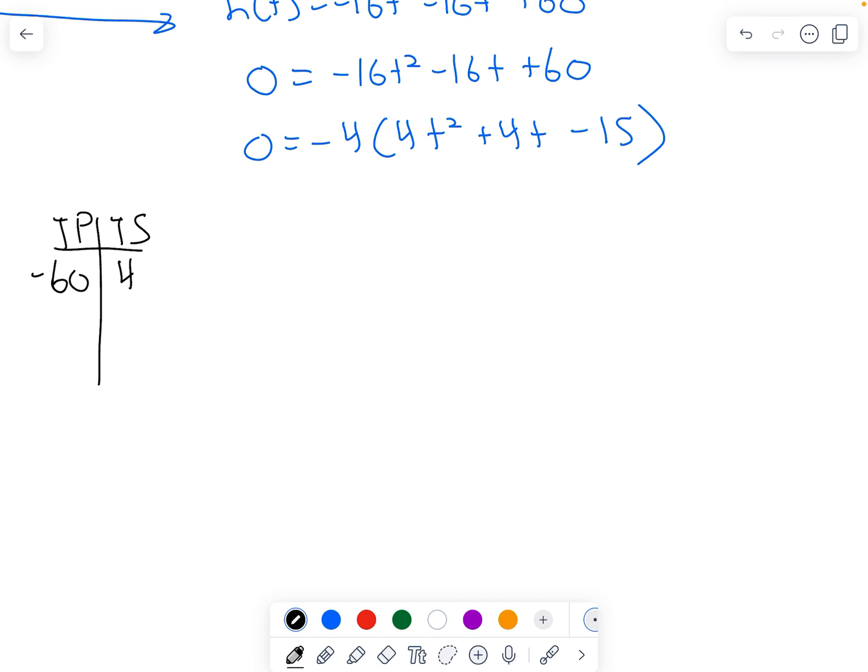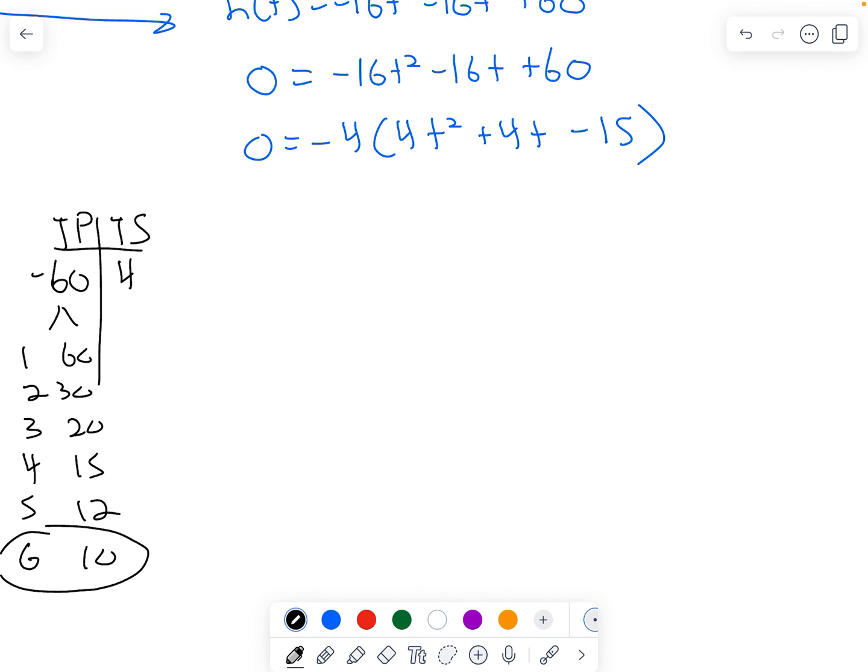So I got negative 60 and 4, which I can split up into, well, we better just go down the line here. 1 times 60, 2 times 30, 3 times 20, 4 times 15, 5 times, not 5 times 8, what am I saying? 5 times 12. Okay, 6 times 10. 6 times 10 can make 4 if the 6 is negative. Awesome.